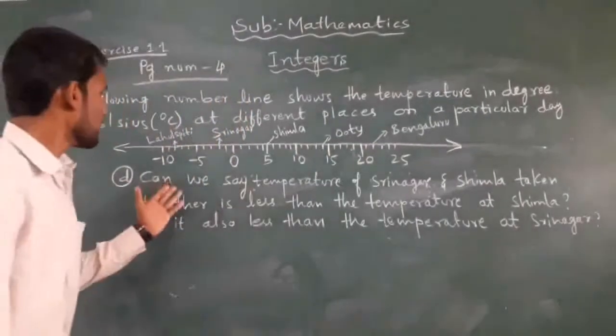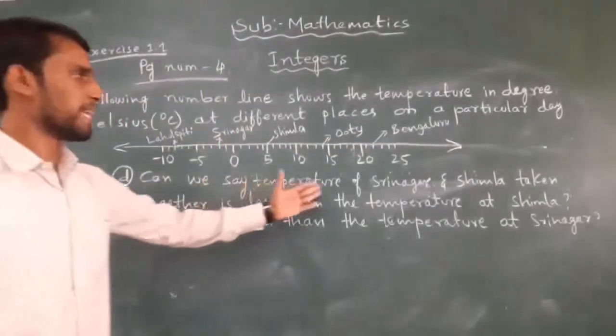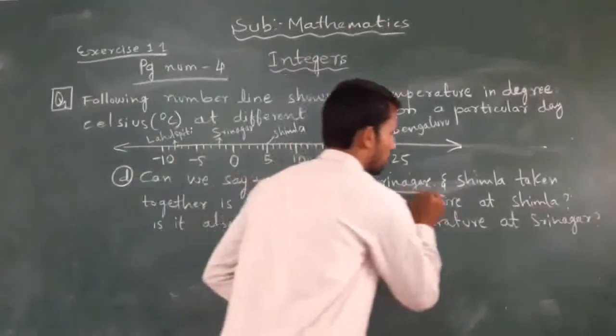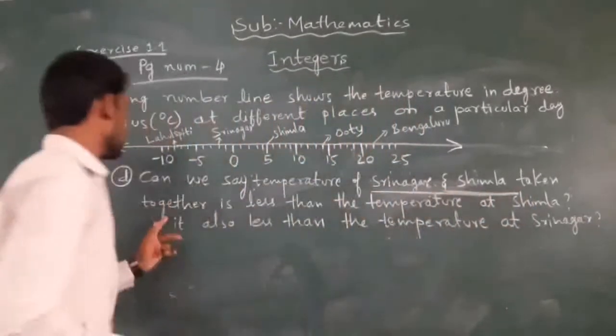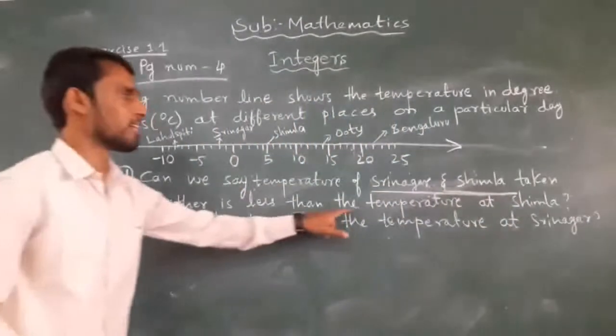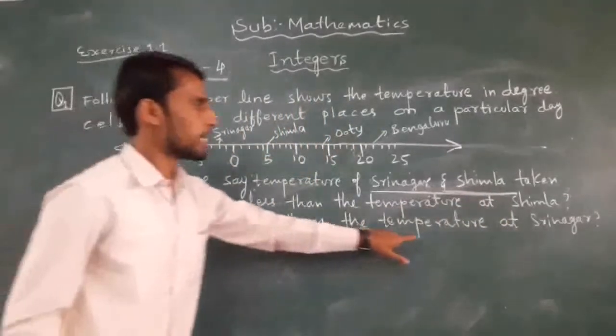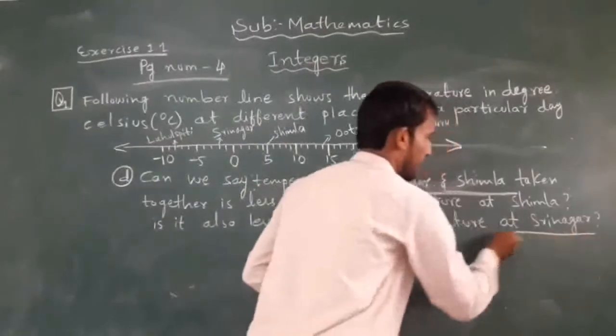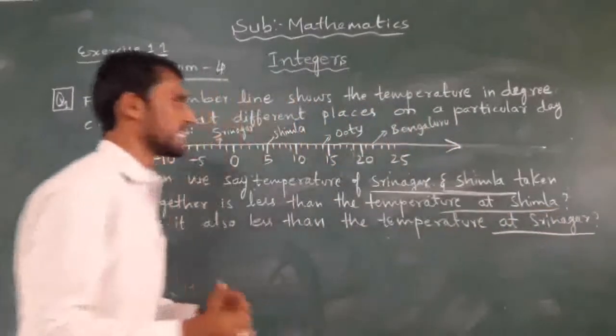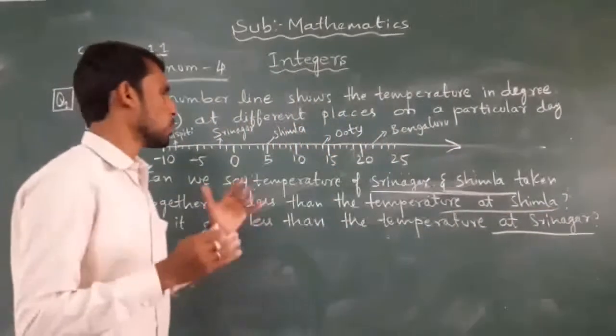See here, in this question, can we say the temperature of Srinagar and Shimla taken together is less than the temperature at Shimla? Is it also less than the temperature at Srinagar? We have to take Srinagar and Shimla together.